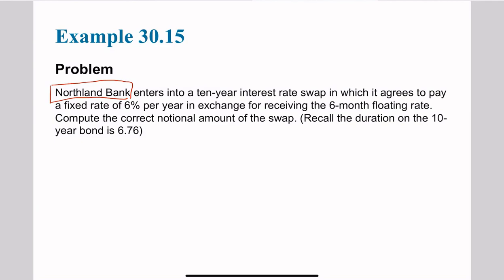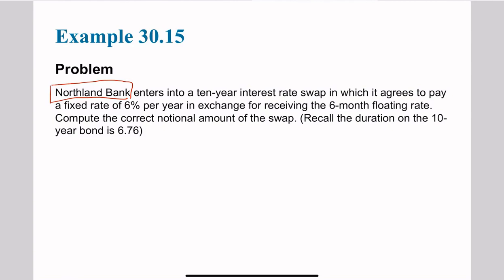And instead of selling its assets, now Northland Bank will use an interest rate swap. So let's say the bank enters into a 10-year interest rate swap. And in this swap, the bank agrees to pay a fixed rate of 6% per year in exchange for the 6-month floating rate. Compute the correct notional amount of the interest rate swap.